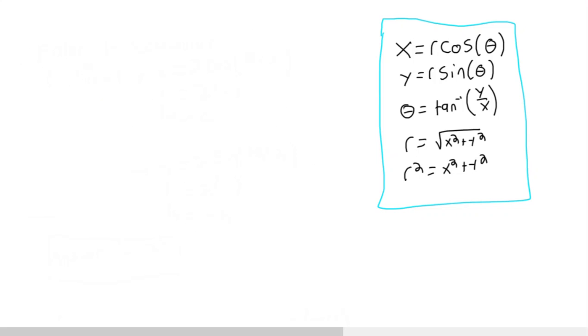Okay, so what if our instructions then said, hey, I don't want you to convert from polar to rectangular. I want you to go from rectangular to polar. And this is where they'll provide for us just a rectangular point.